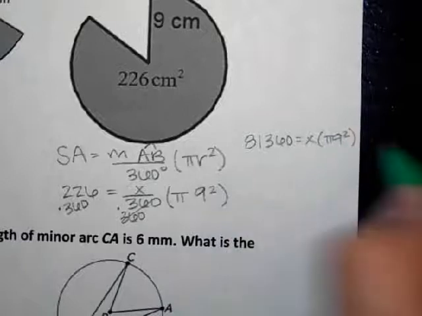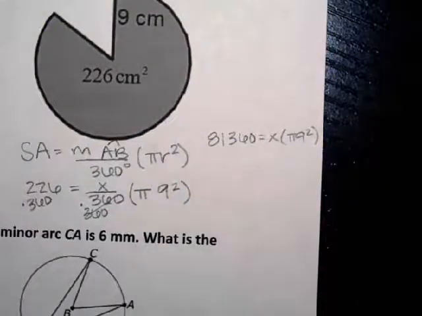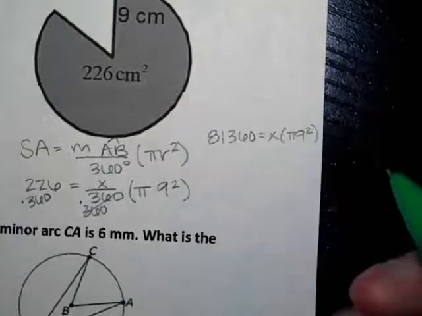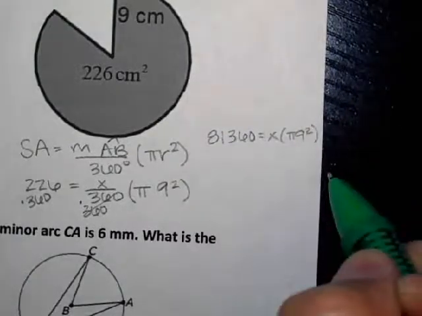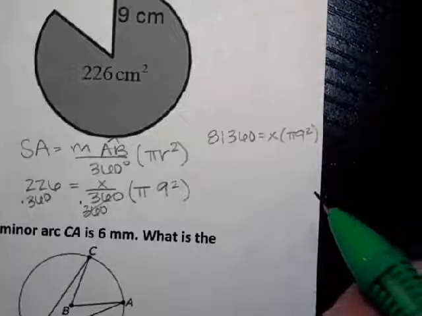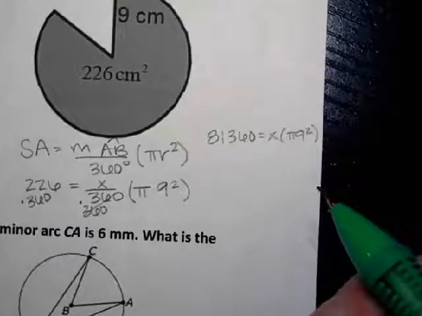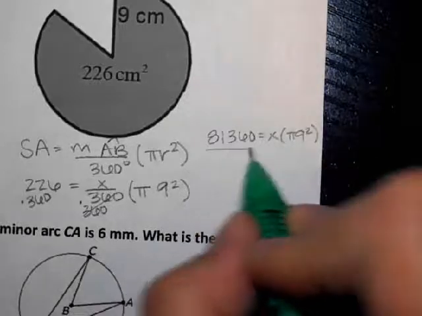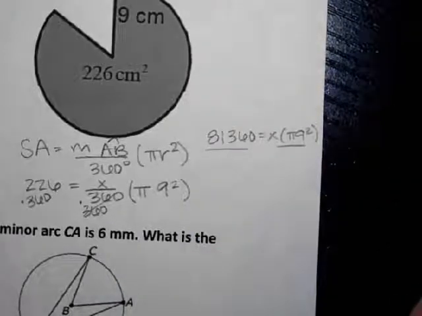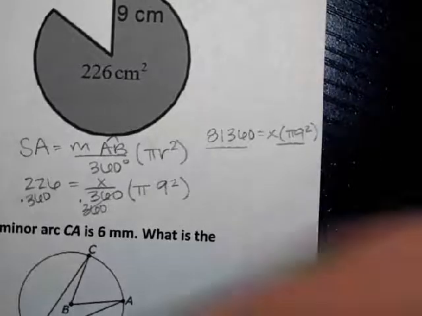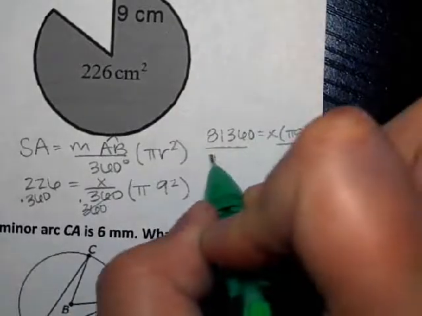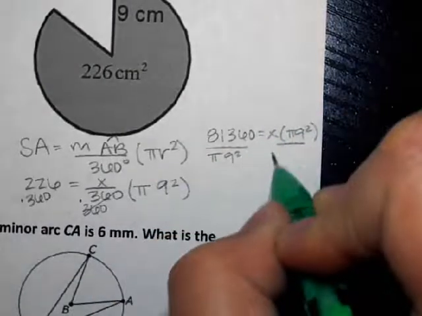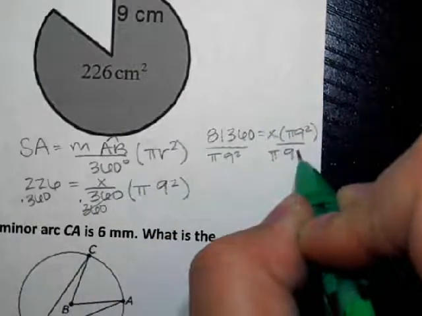And then what should we do? So you can divide by pi 81 or pi 9 squared. They're the same thing. Just depends on if you type this or not.